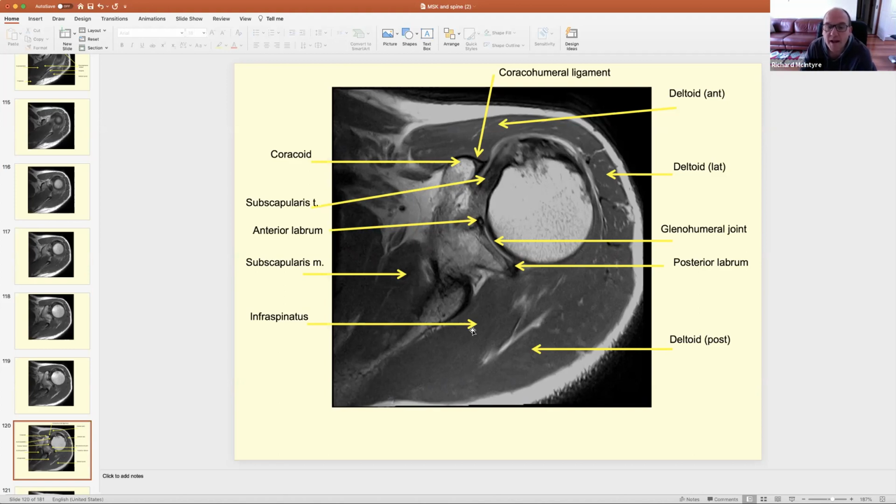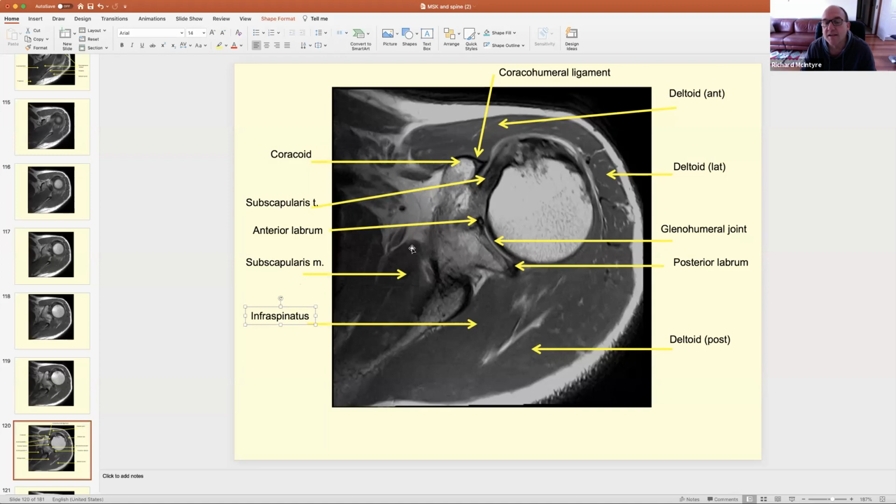Infraspinatus, so we know we're underneath the spine of the scapula, okay, which is posterior. So we've got infraspinatus, infra underneath, spinatus, the spine of the scapula, okay, and here we've got subscapularis, so that's underneath the scapula.